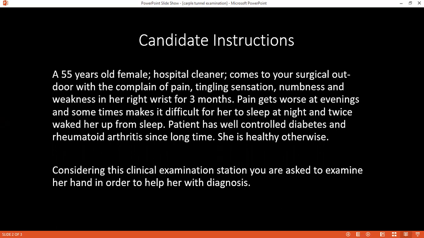If there is no relief, I will go for intracarpal tunnel steroid injections. Okay. If the patient doesn't improve with conservative treatment, or there is objective weakness, then I will go for carpal tunnel release. Yes, surgical management.